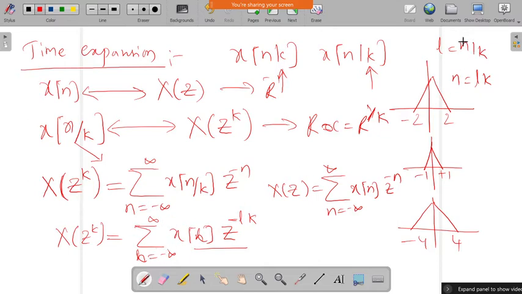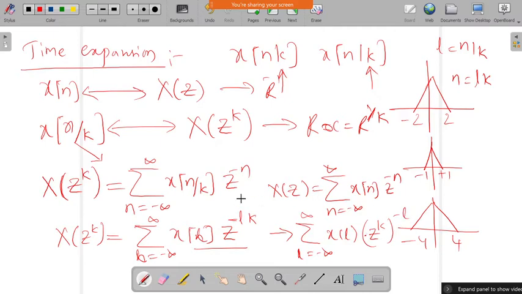If n varies from minus infinity to plus infinity, l will also vary between minus infinity and plus infinity. So we can write this again as the summation l equal to minus infinity to plus infinity of x of l into, since l is the variable, z power k whole power minus l.